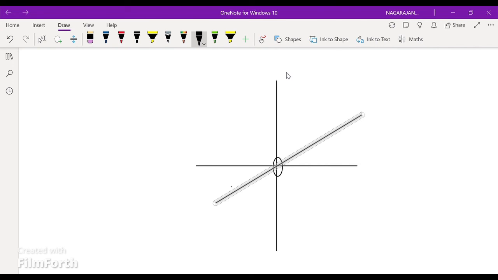This angle is 45 degrees, the second one is 135 degrees, so 90 degrees plus 45 degrees, so 135 degrees. So these are the principal directions.